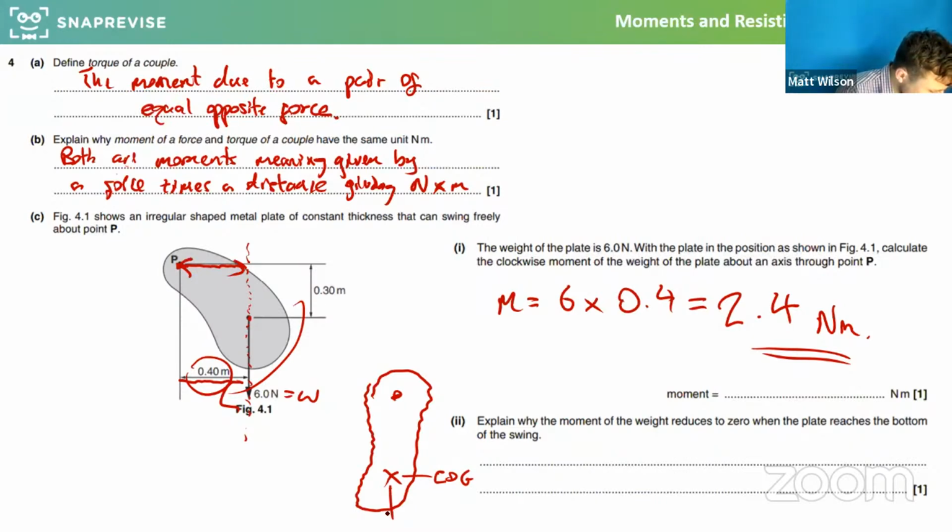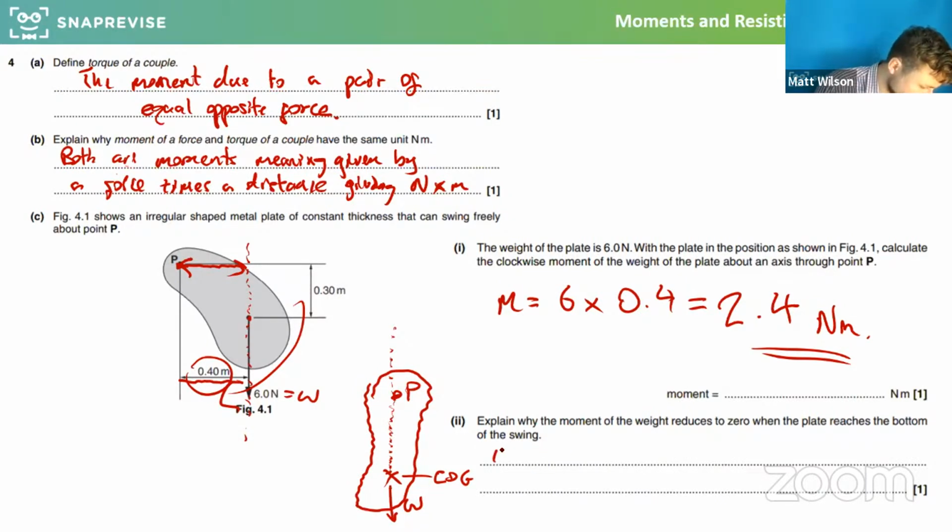And why is that? Well, once the thing is at the bottom, the weight is going to be acting through a point which is directly underneath the point around which we were swinging. So the idea is that when we're right at the bottom of the swing, the line of action of the weight goes through the point P, and so the perpendicular distance is 0.